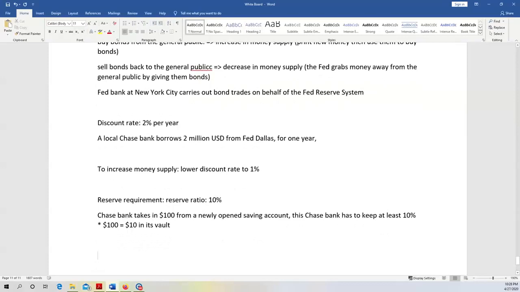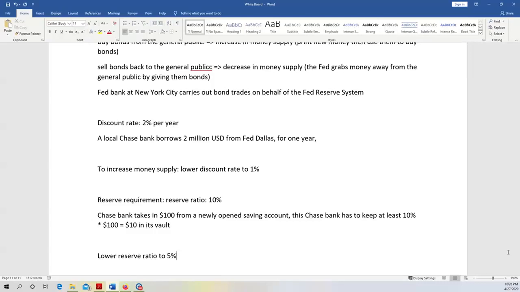If the central bank wants to increase money supply, the central bank can lower the reserve ratio to increase money supply. If the central bank lowers the reserve ratio to 5%, that means for the same $100 Chase Bank just takes from a newly opened savings account, now Chase Bank can loan out at the most $95 for people who need to borrow money to buy a new car or new house.